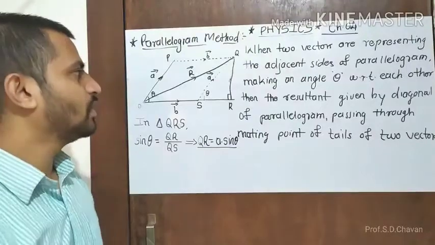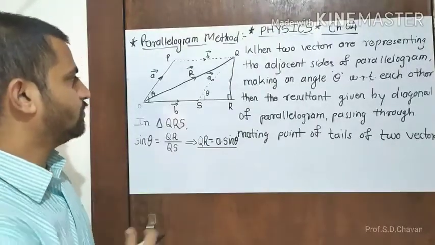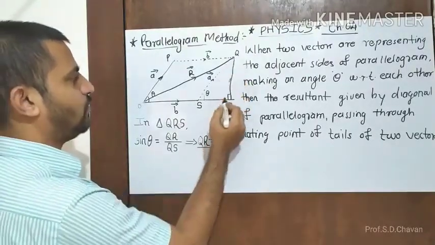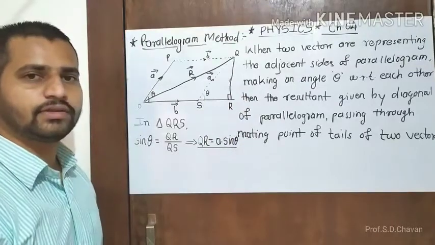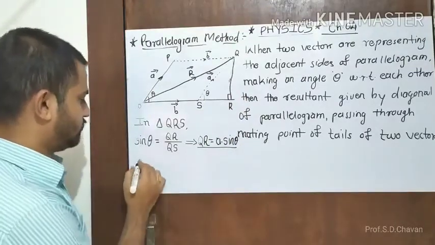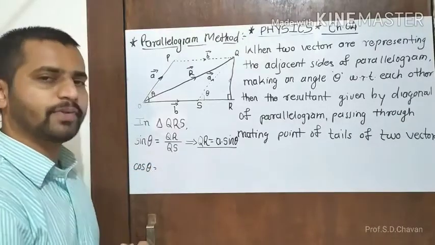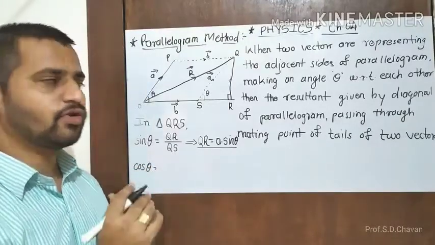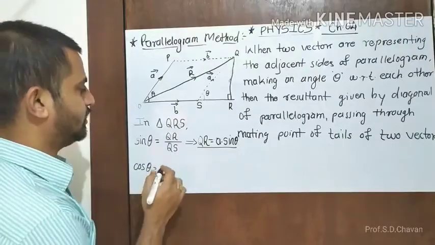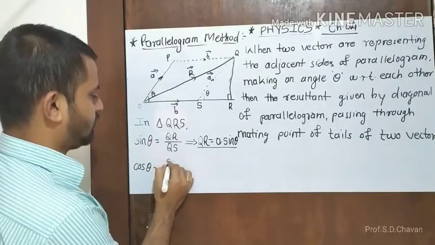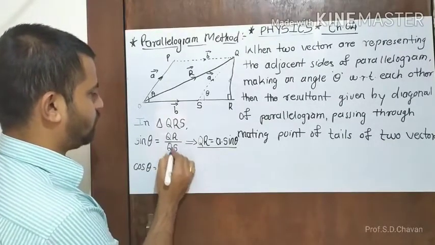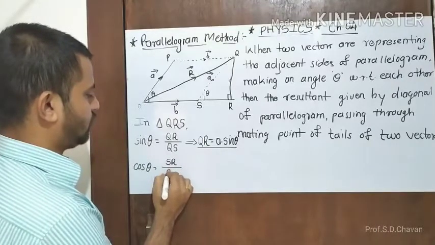Similarly, what is the cos of angle theta from the same triangle QRS? What is the cos of any angle? It is the adjacent upon hypotenuse. So what is the adjacent? It is SR upon QS.